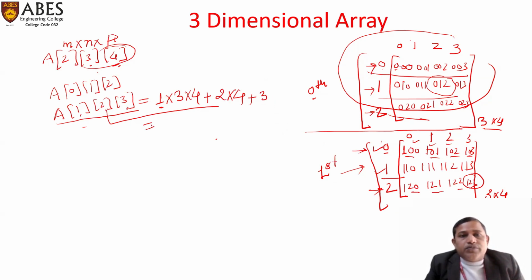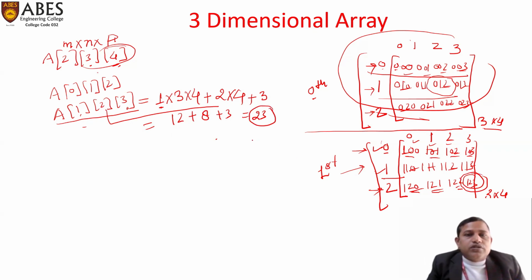So how many elements have you skipped? 12 plus 4 into 2, that is 8, plus 3, that is 23. Now we count: 1, 2, 3, 4, 5, 6, 7, 8, 9, 10, 11, 12, 13, 14, 15, 16, 17, 18, 19, 20, 21, 22, 23. This means to reach here, you have to cross 23 elements.